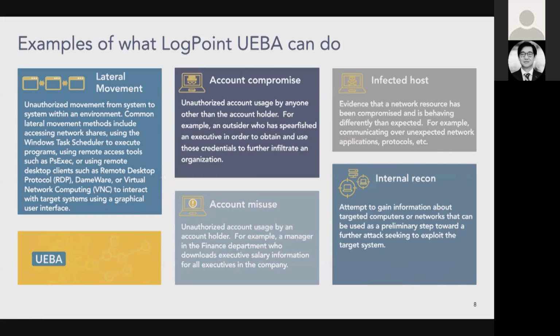Account compromise and account misuse are calculated in similar ways, of course with different key value pairs and different algorithms. The algorithm itself, as I mentioned before, clusters that information: what is the typical behavior of an administrator, of a financial employee, or of a production employee, and so forth.